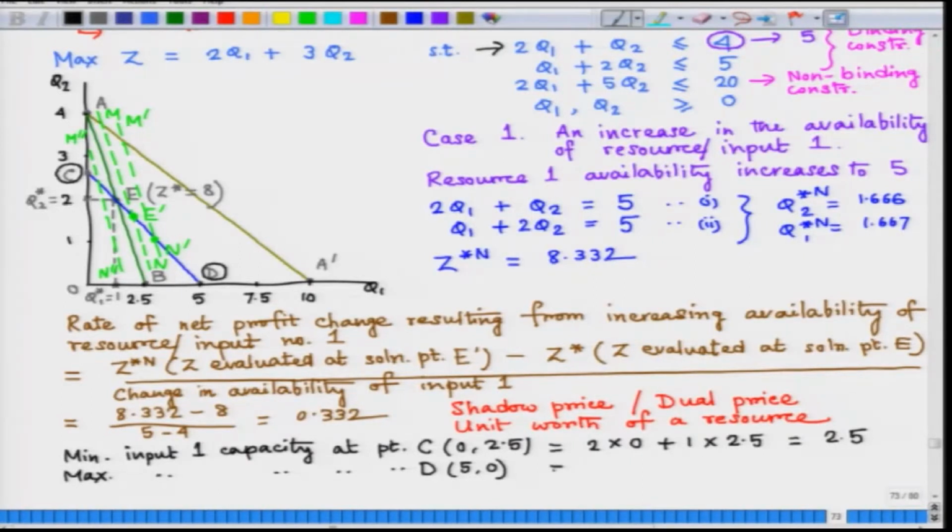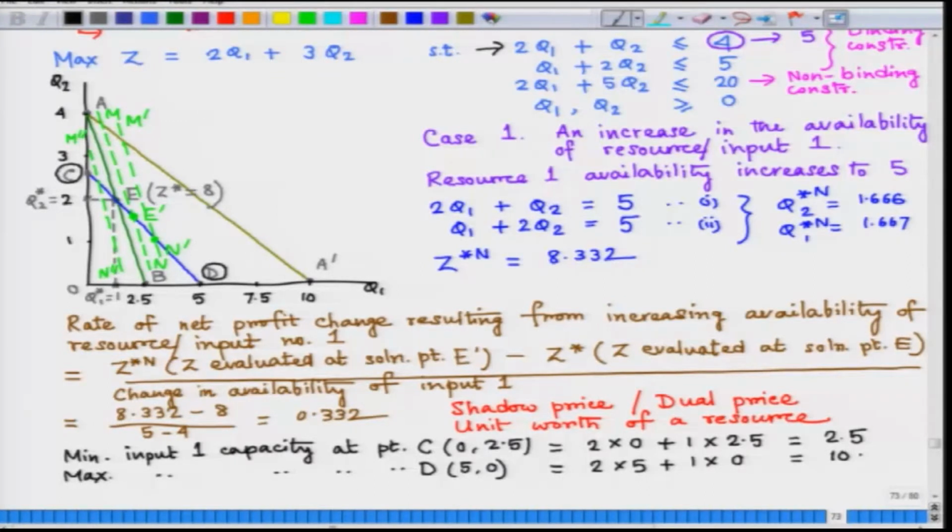So, now again we look at the input constraint 1. So, 2 times the value of Q1 which is 5 at point D plus 1 times 0 which is the value of Q2 at point D. So, we are talking about 10, right.